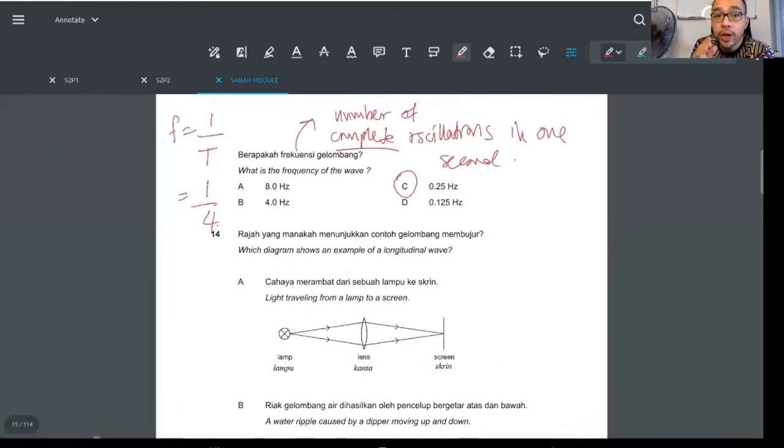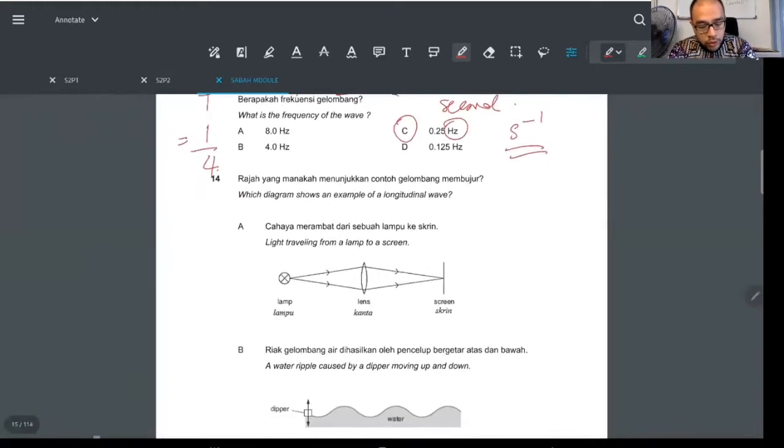From the period, you can count the frequency. Frequency is 1 over period, and the unit for frequency is hertz, or s minus 1, but we rarely use s minus 1. We usually use hertz, H-E-R-T-Z.